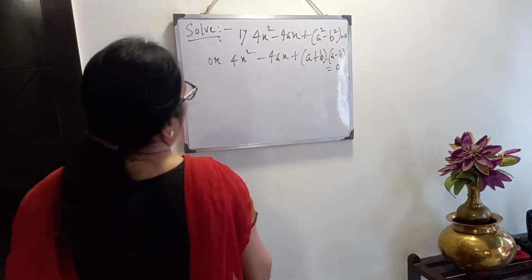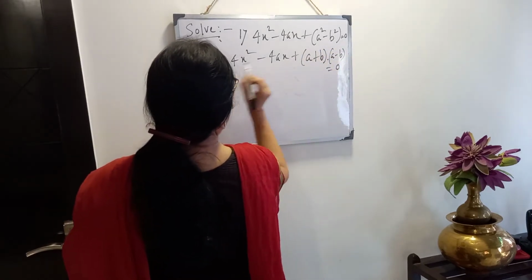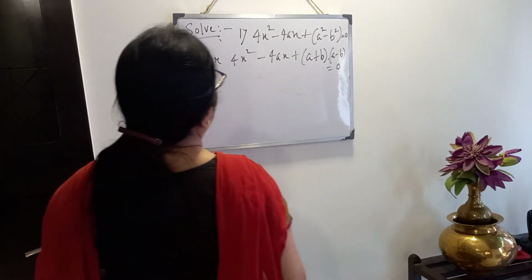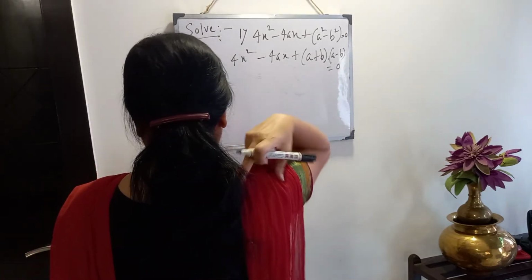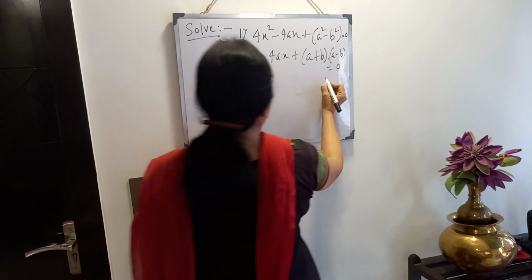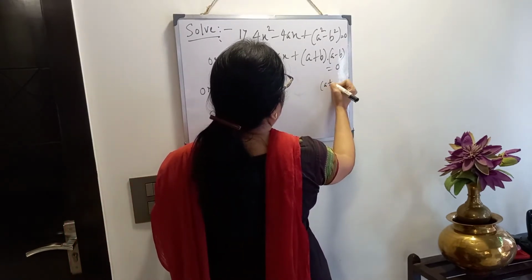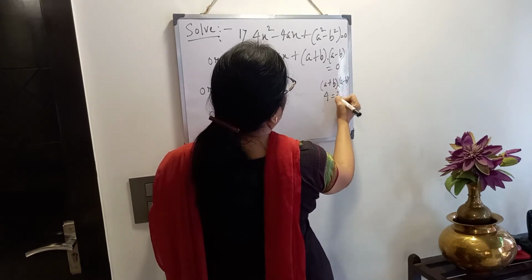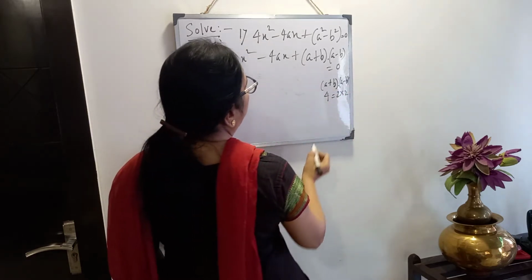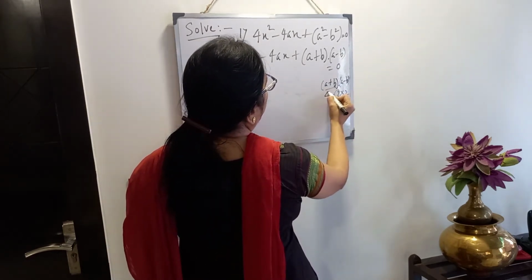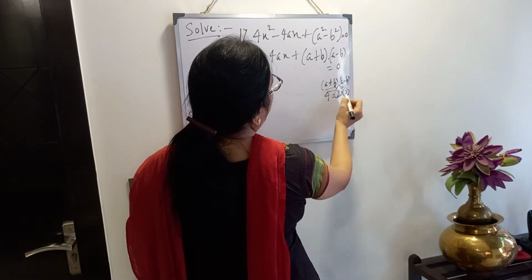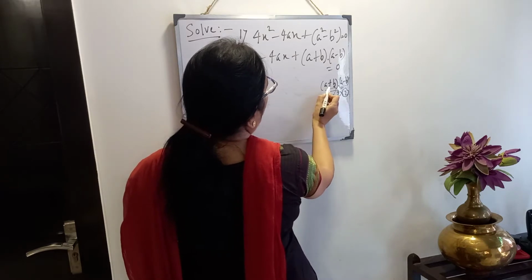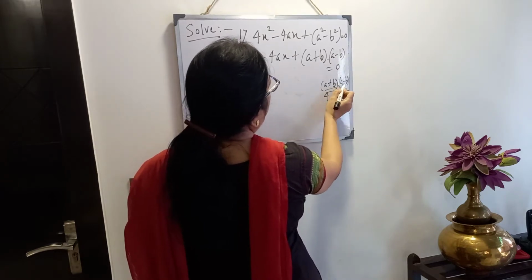We are getting this. Now by using this and 4 I have to bring 4a. How? 4 I can take in this form. Your factors are a plus b, a minus b and 4. 4 equals, we can write 2 into 2. So if I take one 2 with this factor and another 2 with this term, then we will get the middle term. Clear? So one 2 I am multiplying with this and another 2 with that.